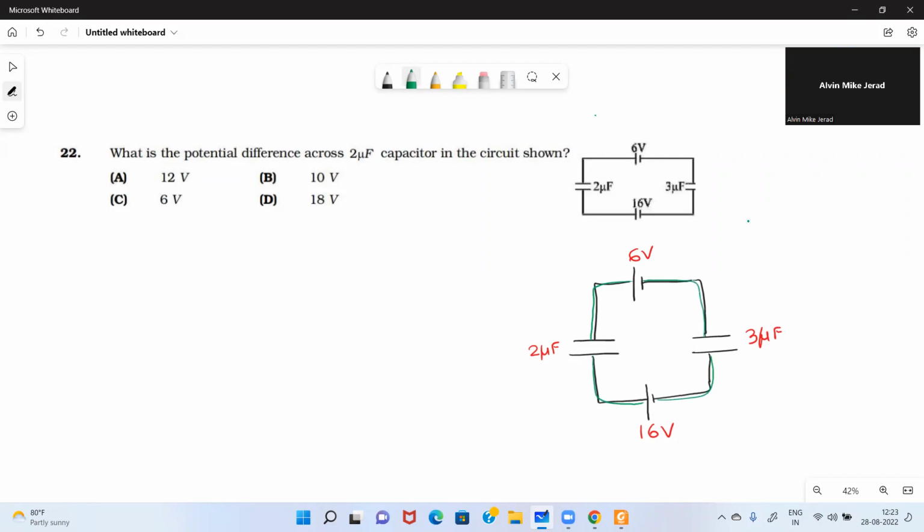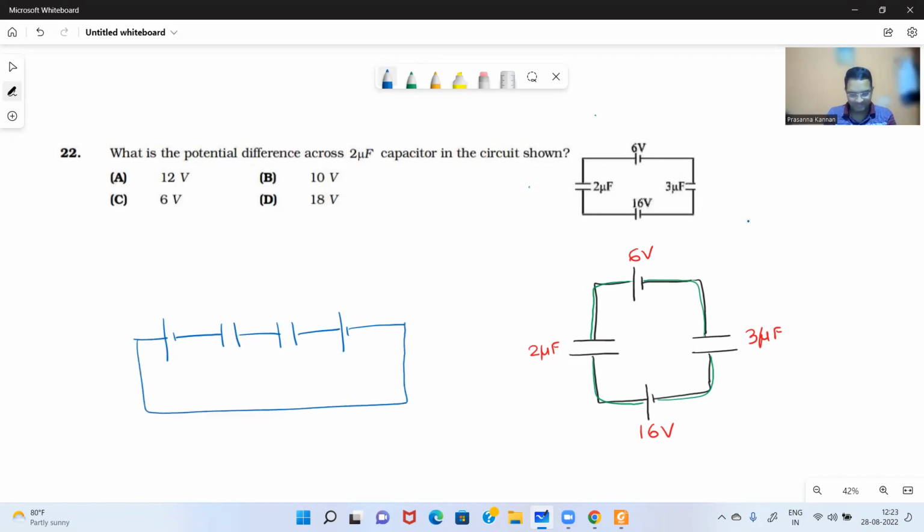So there is nothing wrong if I draw it like this: 6 volts, 16 volts, with the direction different, and the 2 capacitors. This is the same as the other diagram, because it is a single loop.